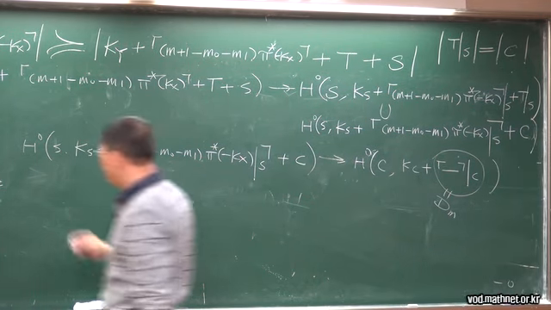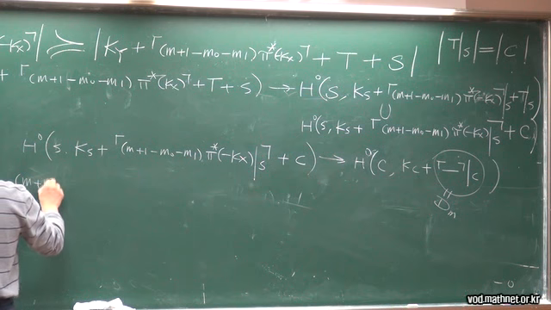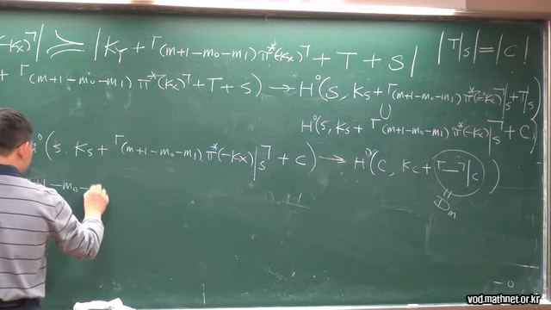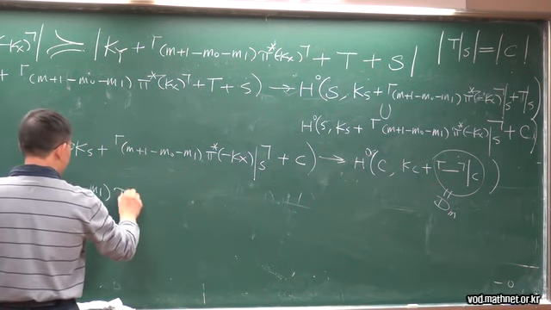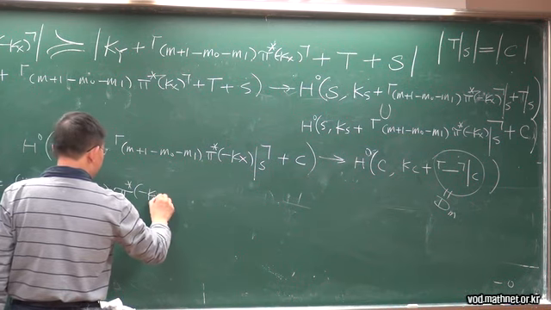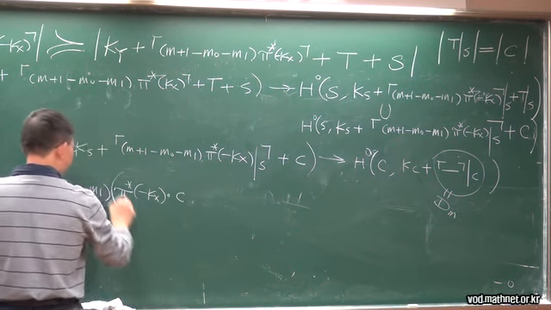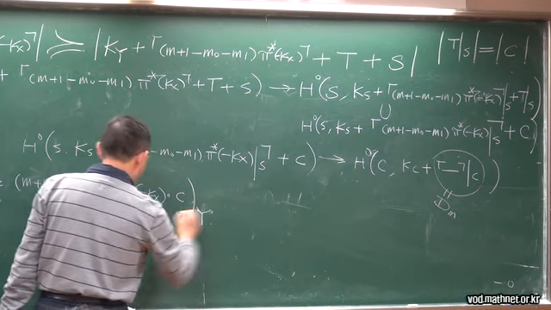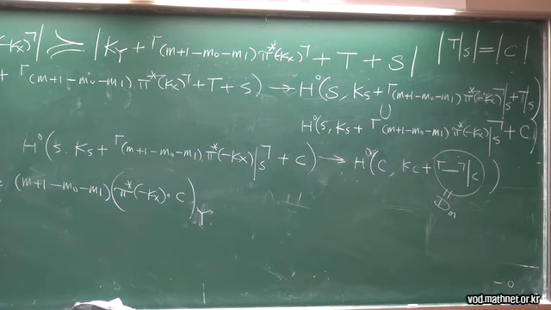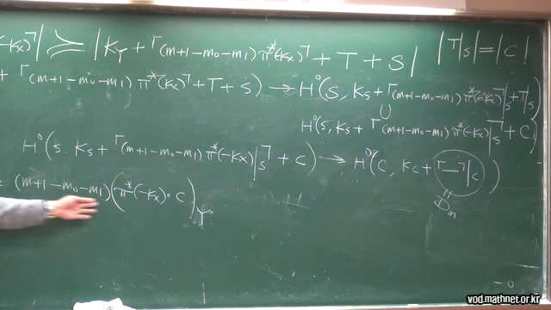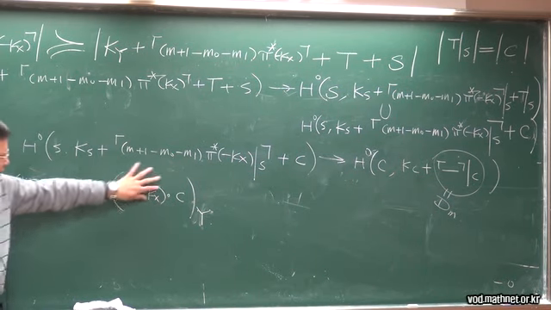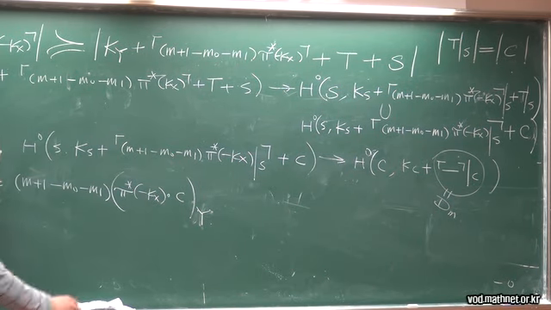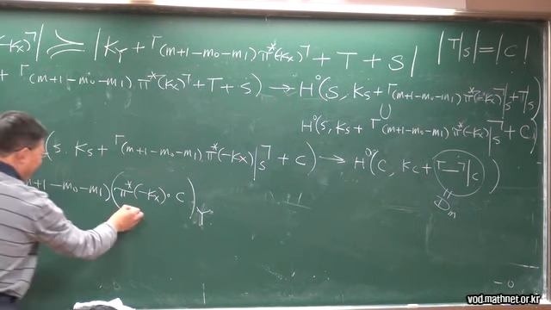So it's like (m + 1 - m_0 - m_1)π^*(-K_X) · C, on Y. Okay, so the right hand side is a rational number, but the point is that you have to estimate this number.